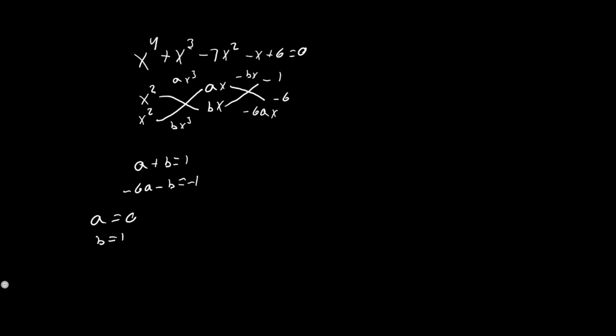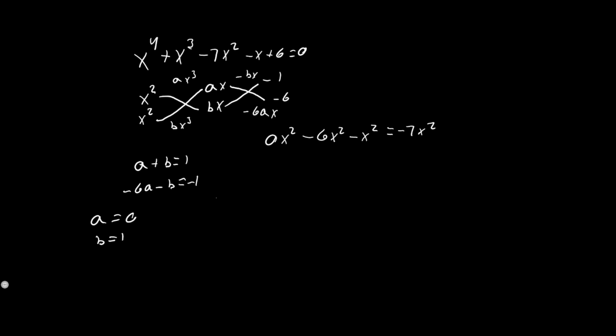So we multiply a and b, and we get 0x squared. Now you multiply x squared times negative 6, giving us negative 6x squared. And x squared times negative 1 gives us negative x squared, which will give us negative 7x squared, which gives us our x squared in the equation.